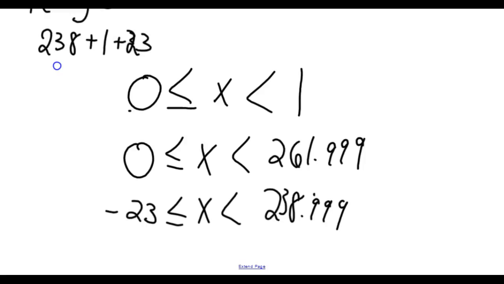But then we cast it as an int. And at the low end, when we cast it as an int, we get negative 23. And all of a sudden, this includes the 238. So we get the full range from negative 23 to 238.